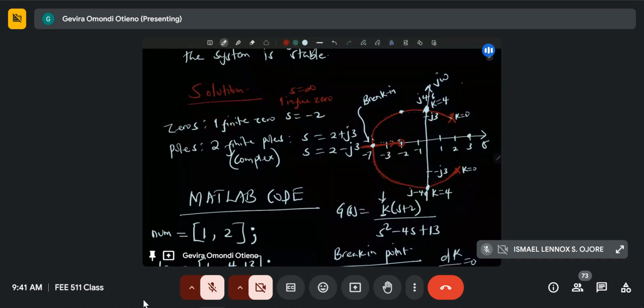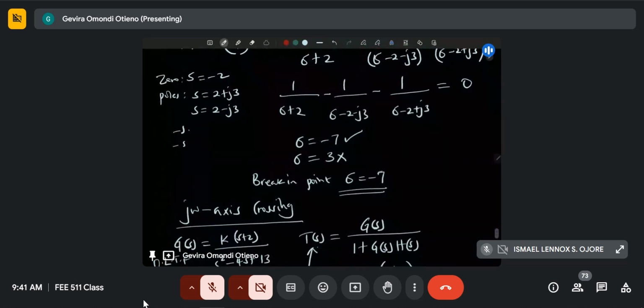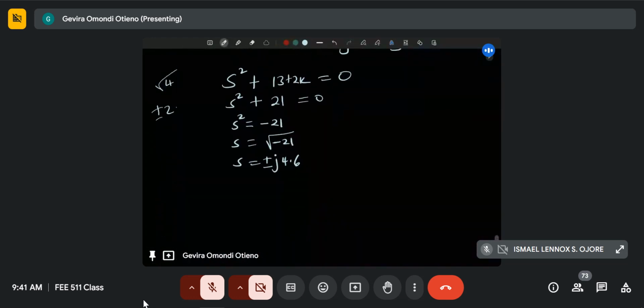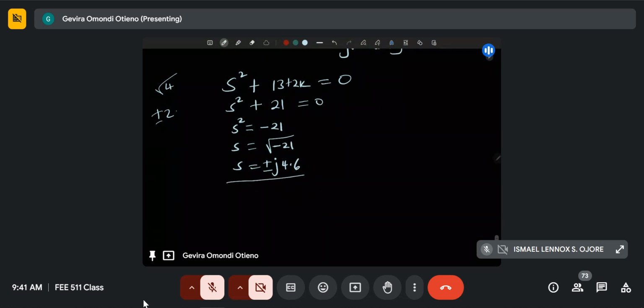So again, if you plotted it in MATLAB and you put in the cursor there, you'll see that that point is minus 4.6 and up there is plus 4.6, whatever it is. Okay, that's why MATLAB will help you check your calculations, whether they are correct or not. So this becomes our J omega axis crossing. Very important.